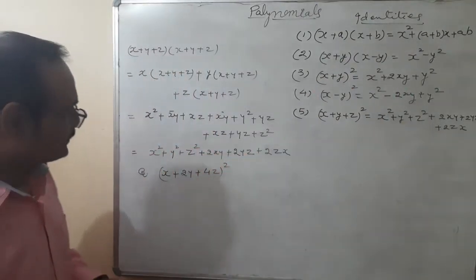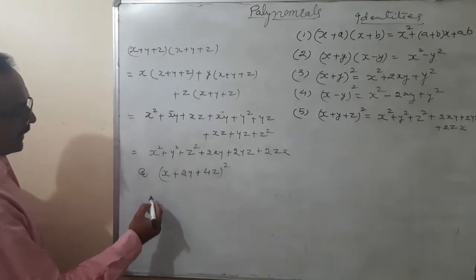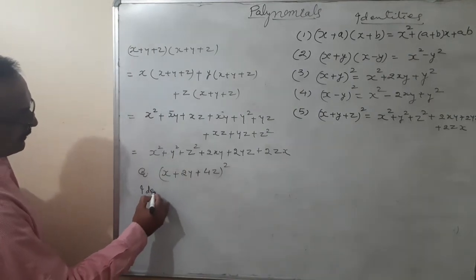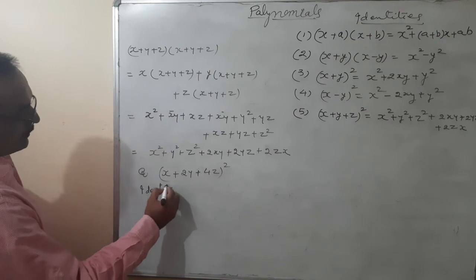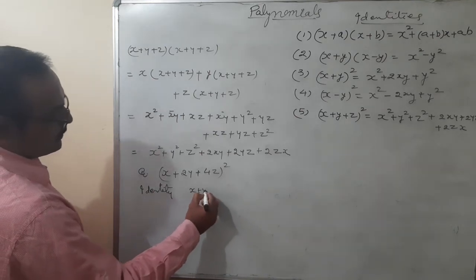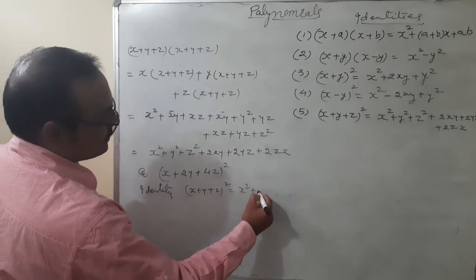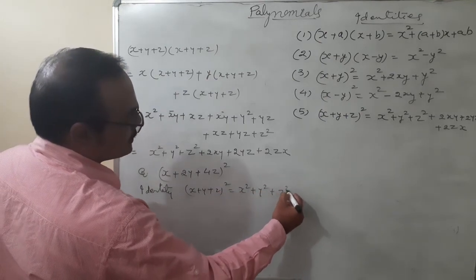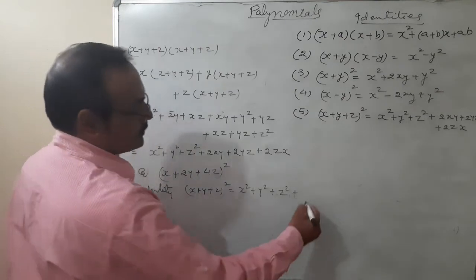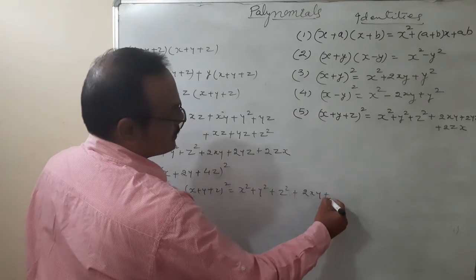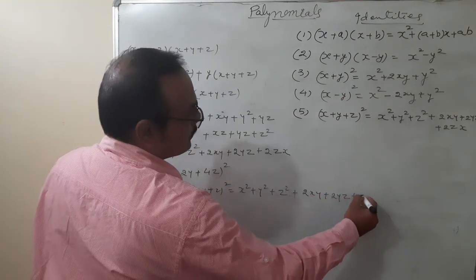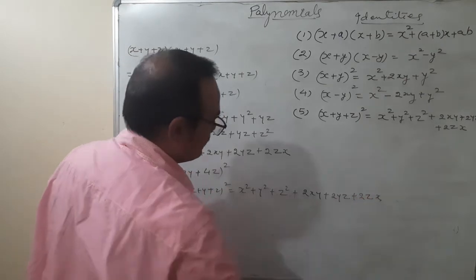This is the expansion. First of all, I am writing the identity: (x plus y plus z) whole square is equal to x square plus y square plus z square plus 2xy plus 2yz and plus 2zx.